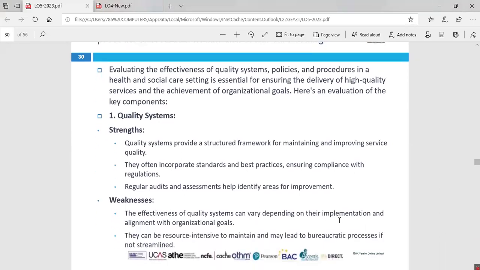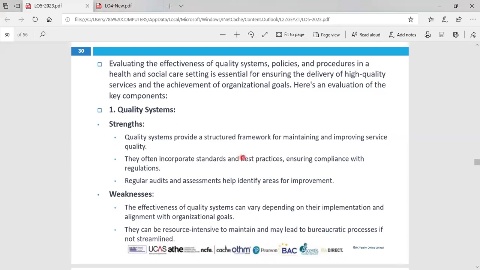It's very evident that if you have quality systems, it's going to be a framework or a yardstick. Wherever you are in terms of your quality, it gives you a framework for maintaining that high quality and improving your service on a continuous basis. They'll incorporate standards and best practices for quality, and they'll ensure compliance with regulations.